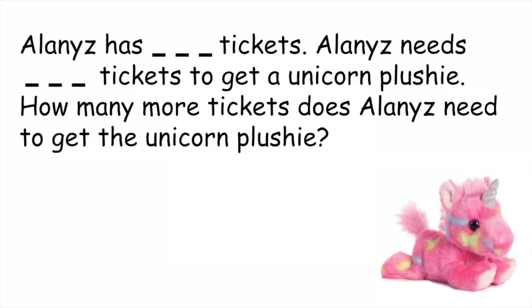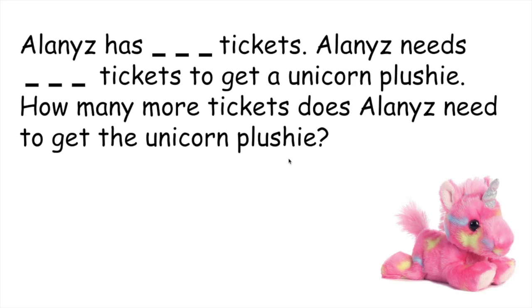Now, let's go into our CGI word problem. Listen as I read the problem to you. Alanis has blank tickets. Alanis needs blank tickets to get a unicorn plushie. How many more tickets does Alanis need to get the unicorn plushie?